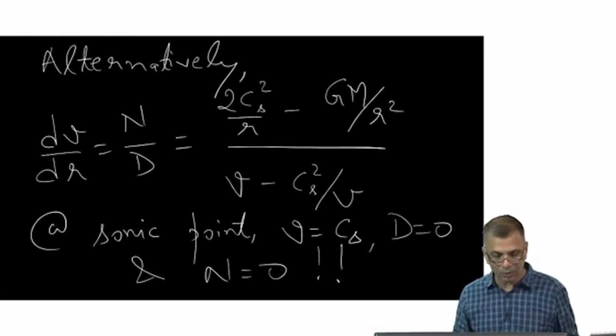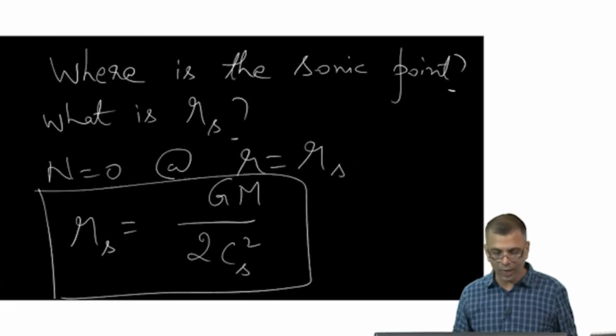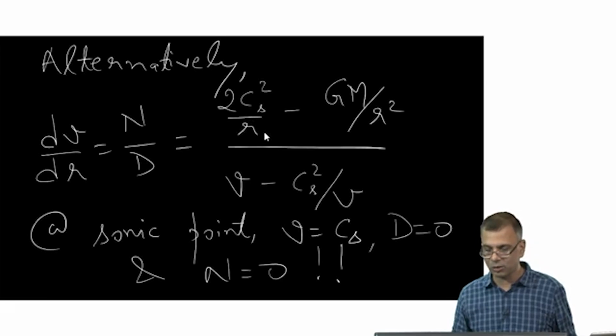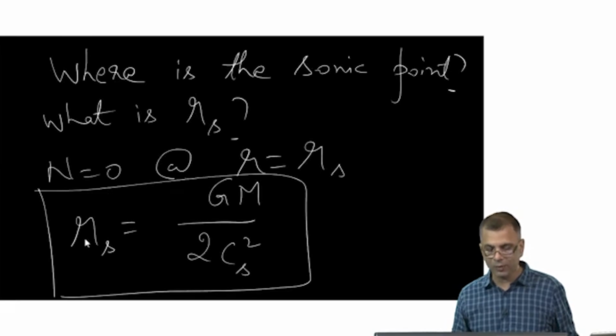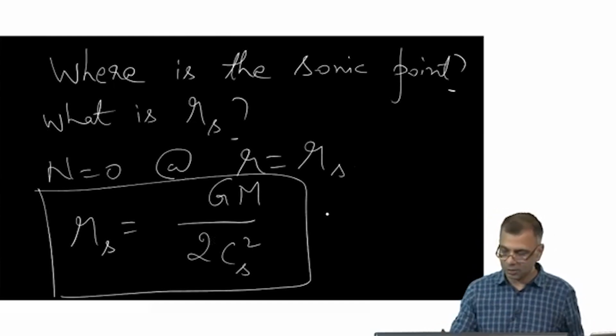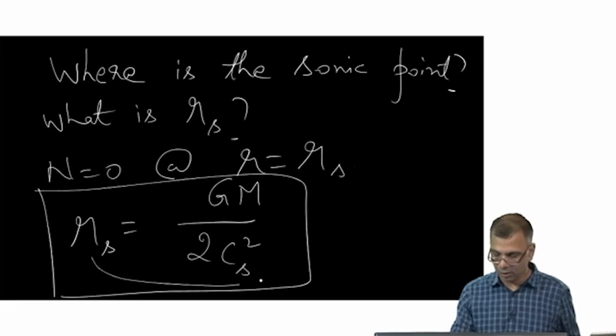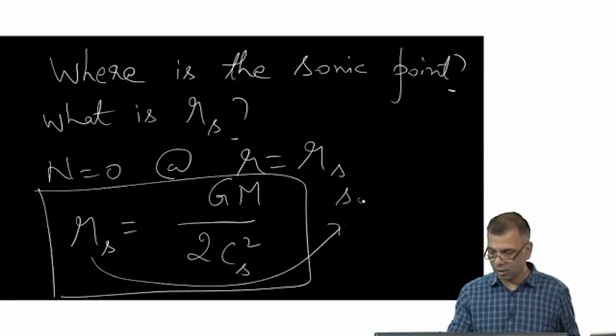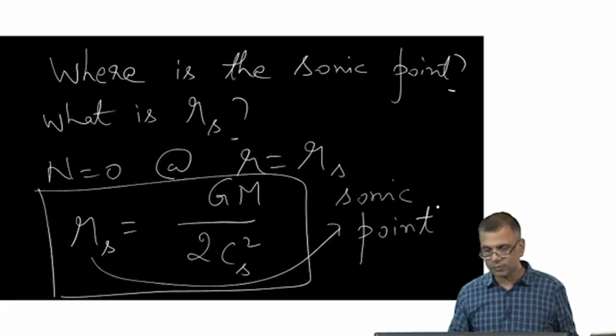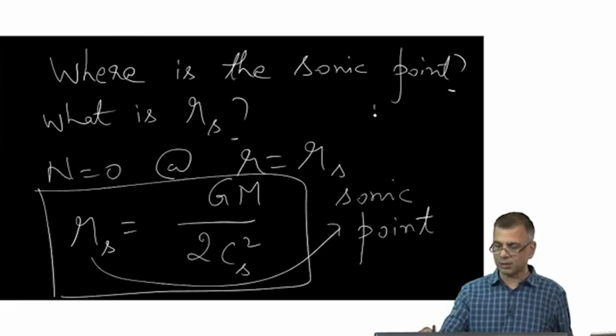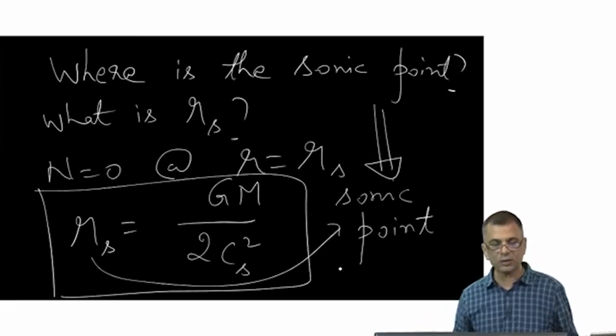And where does the numerator become 0? Well, at r equals Rs. So 2Cs squared over r has to be equal to GM over r squared, and that happens at an r which we will now call the r sonic, equals GM over 2Cs squared. So this Rs is the sonic point. Okay, this is the answer to where is the sonic point.